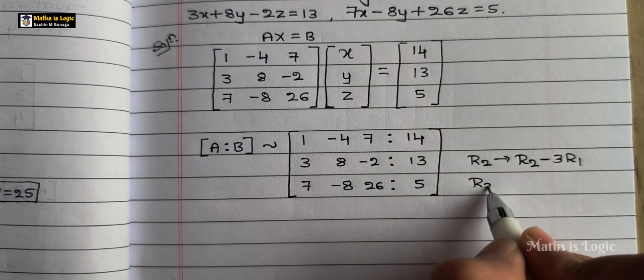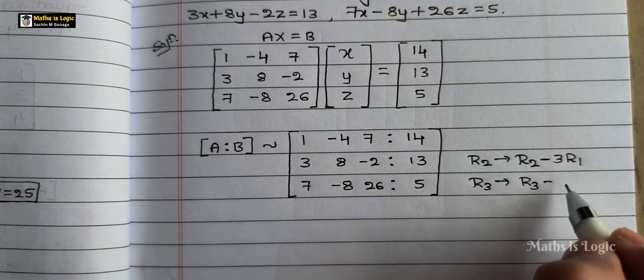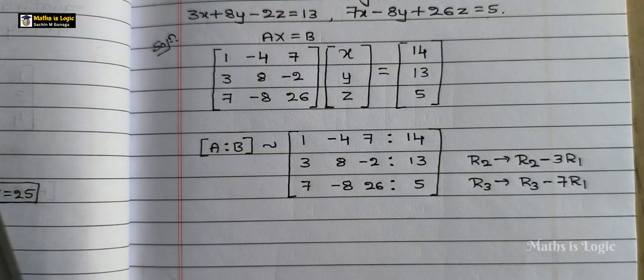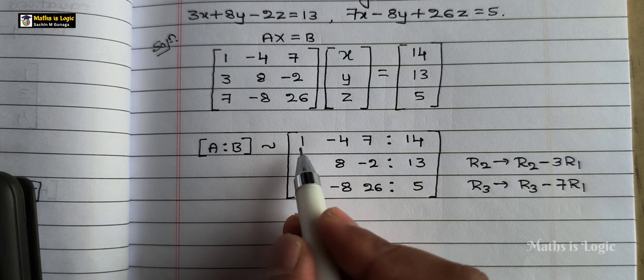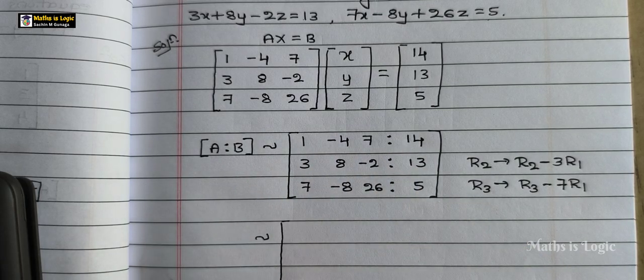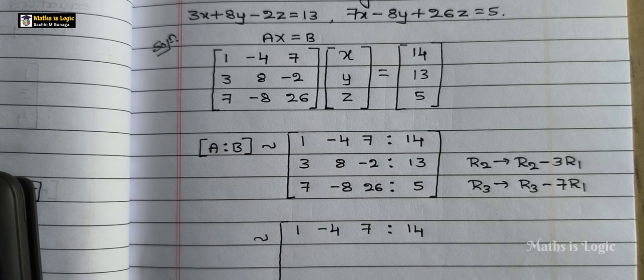Similarly R3 changes to R3 minus, R3 is 7, so multiply here 7 times of what? R1. So that time we are not changing the first row, therefore first row keep it as it is. 1 minus 4, 7, 14.